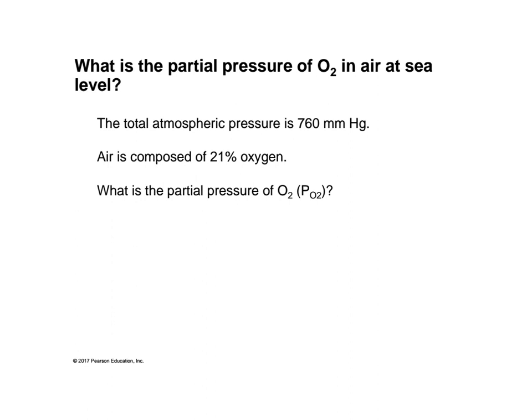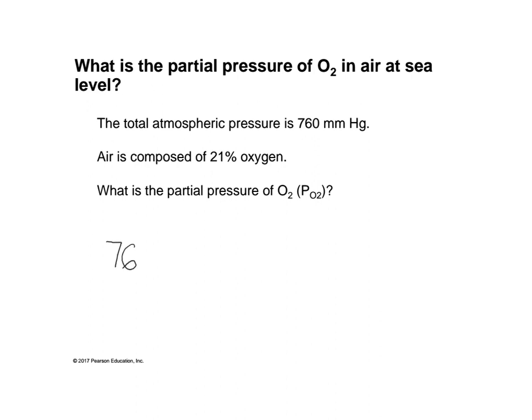Let's now use the concept of partial pressure to do some calculations. Given that we know the total atmospheric pressure is 760 millimeters of mercury, and that air is composed of 21% oxygen, what is the partial pressure of O2, or P sub O2? Okay, to solve this problem, we'll write things out.